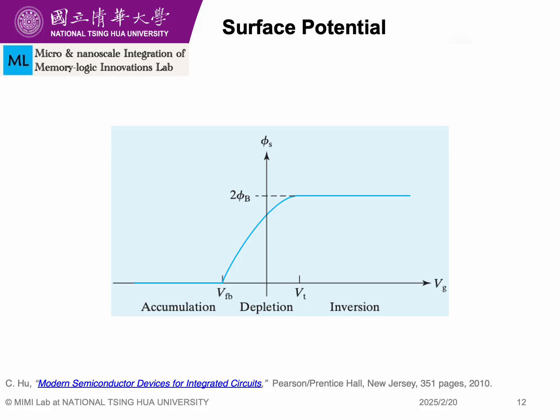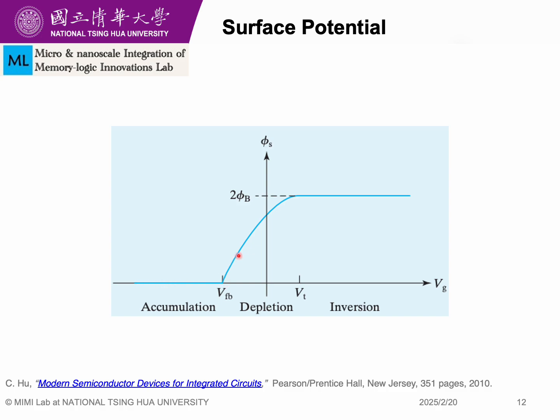Well, let us review what we studied so far. We start with the surface potential of the MOS capacitor, starting from accumulation, and here is the flat band. At flat band the surface potential is 0, and also we can neglect it in the accumulation region.